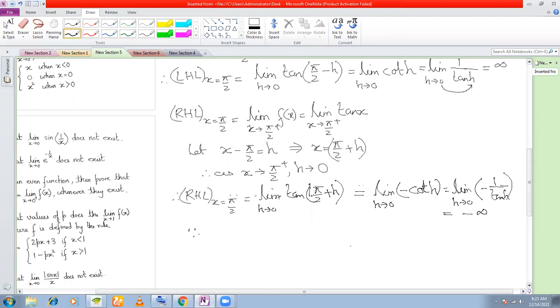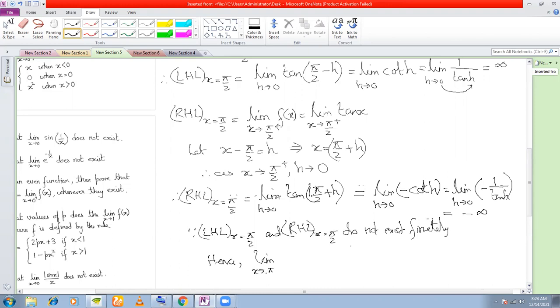Okay. Since the left hand limit at x is equal to pi by 2 and the right hand limit at x is equal to pi by 2 do not exist finitely, hence limit x tends to pi by 2 of tan x does not exist.